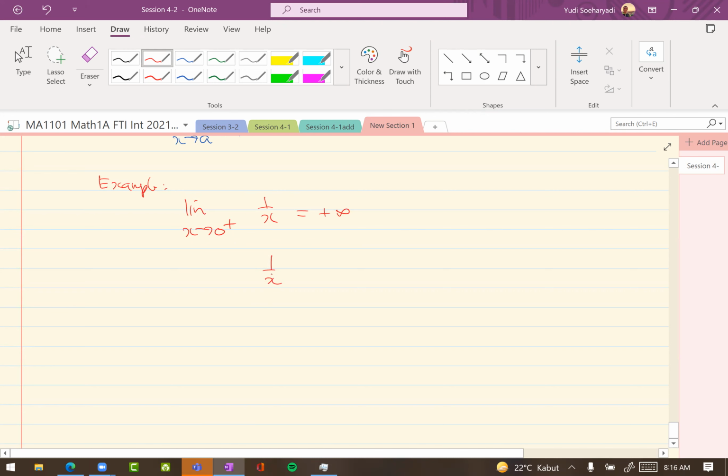We would like to have 1 over x larger than M. This is the objective, so we would like to see how small x could be. So just take the reciprocal: x less than 1 over M, but the inequality sign is reversed. That's how you get this.